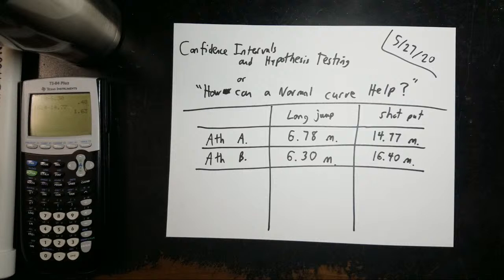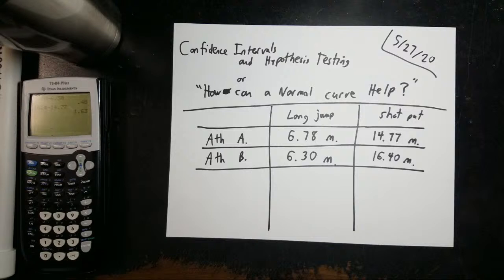So here's the problem. There's an old adage, comparing apples and oranges. That's exactly what this is. This is comparing apples and oranges. And you cannot compare apples and oranges because they're two different types of fruit. They have two different types of tastes. They have two different types of texture. They have everything. You cannot compare apples and oranges.